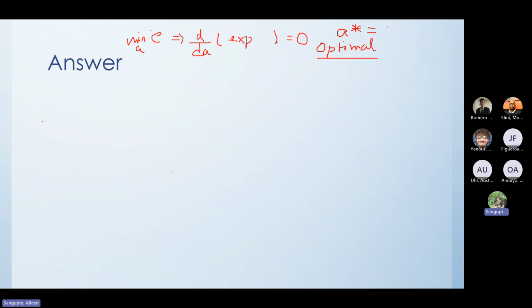So the optimal value of a, if you work through that expression, is found to be just the expected value of x.